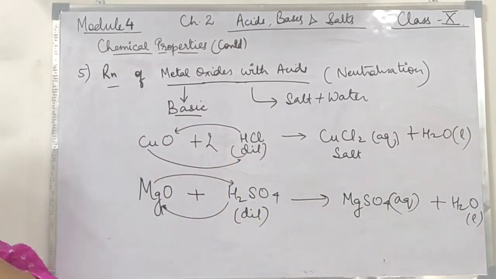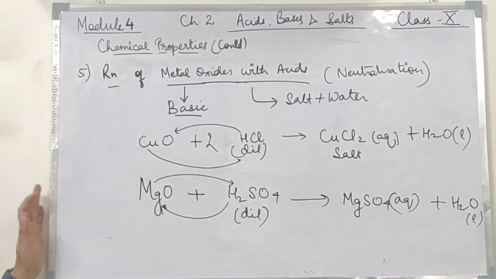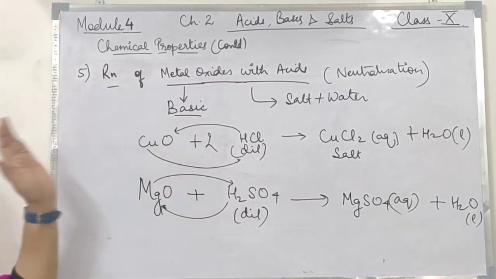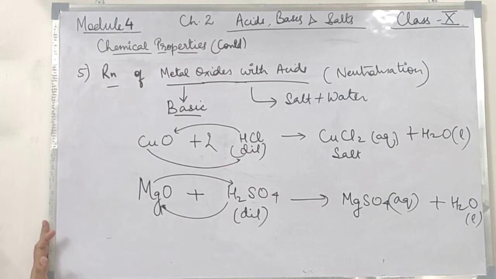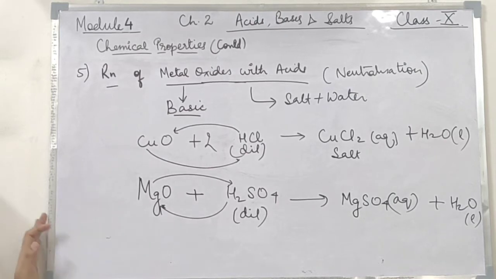Liquid water will be produced. So, this is also a type of neutralization reaction, just like the reaction between acids and bases. The way they form salt and water, the metal oxides also form salt and water when they react with acids.